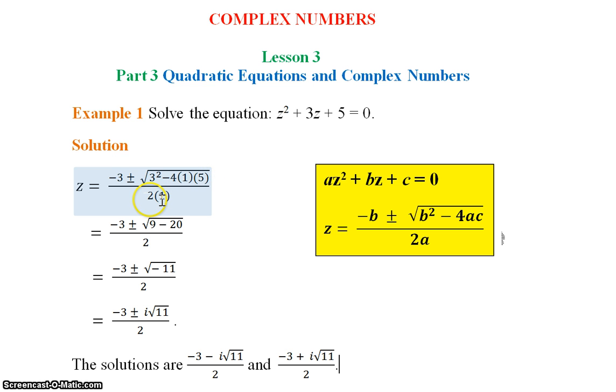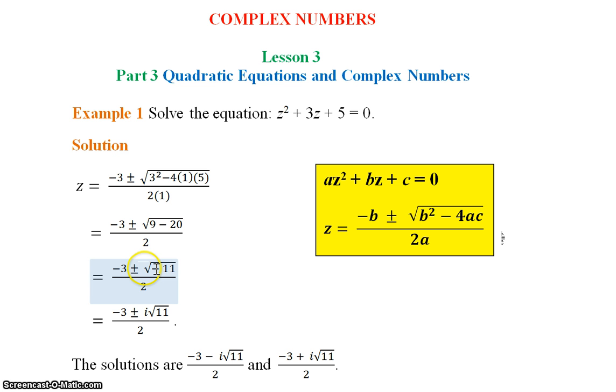Divide by 2a, divide by 2 times 1. 3 squared is 9, 4 times 1 times 5 is 20, 9 minus 20 is negative 11. So under the radical sign, we have negative number, negative 11.